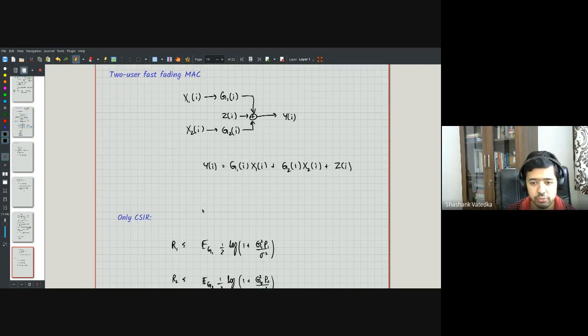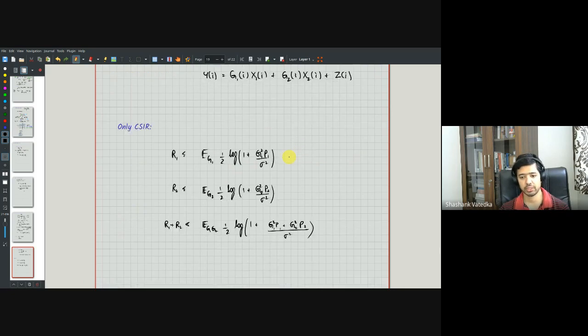So for a fast fading multiple access channel, where the receiver gets G1 of i x1 of i plus G2 of i x2 of i plus Z of i, where G1 and G2 are random variables, not vectors, the capacity region is just given by this particular quantity.